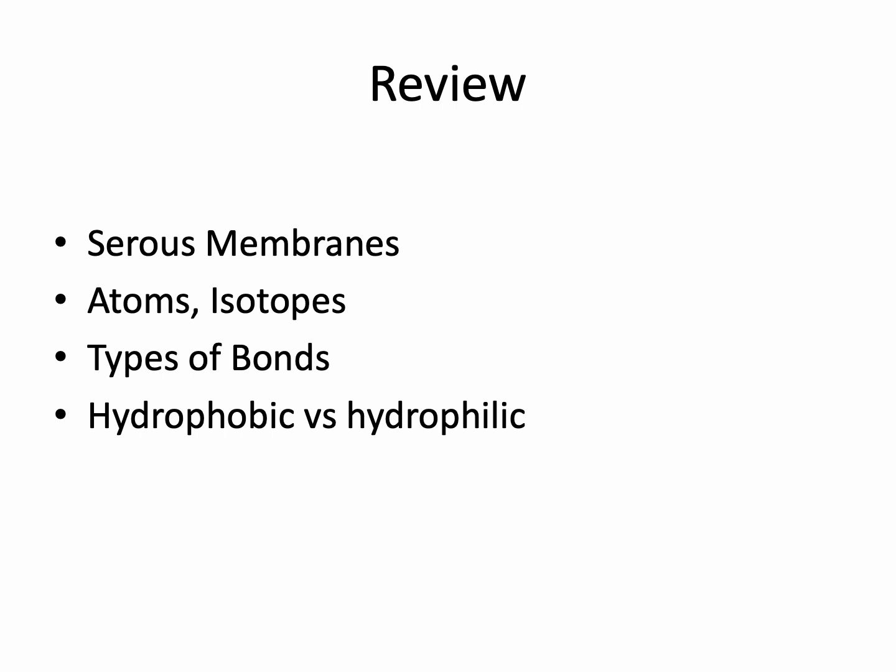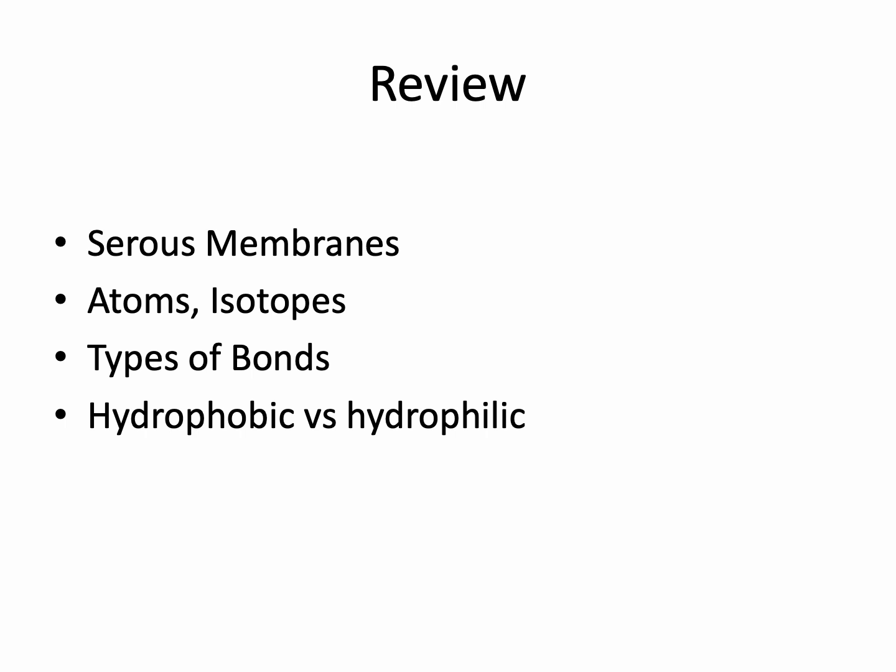Okay, and what we've talked about so far is serous membranes. The main things we talked about with the serous membranes is that they're going to wrap around different organs. We talked about the dorsal cavity, which contains the brain and the spinal cord.